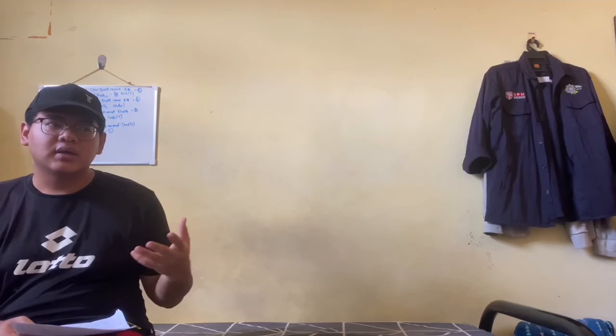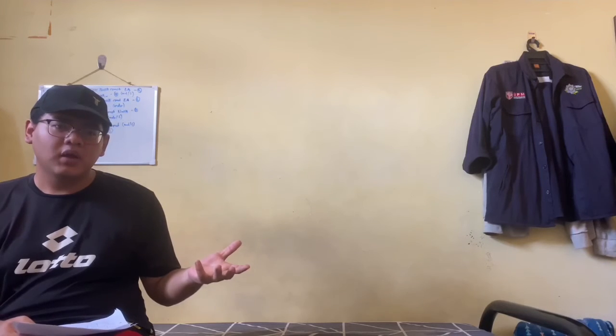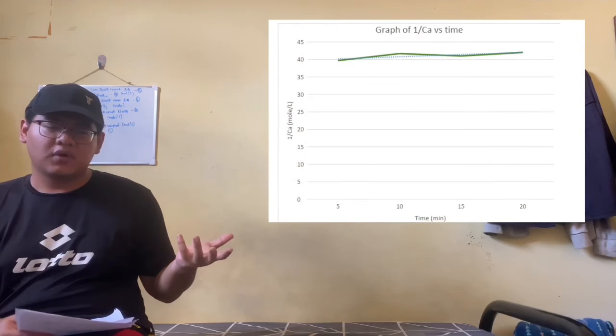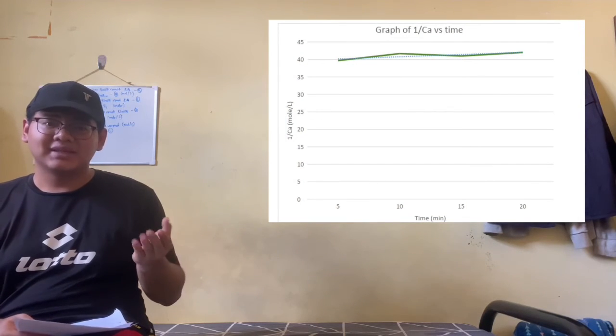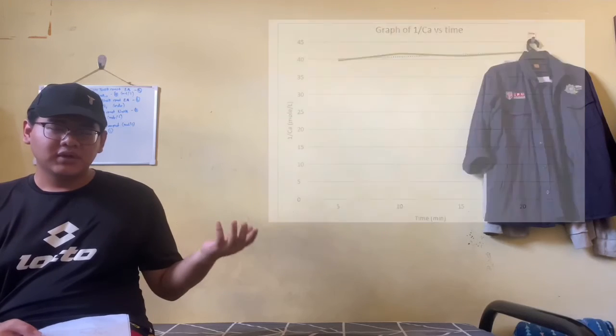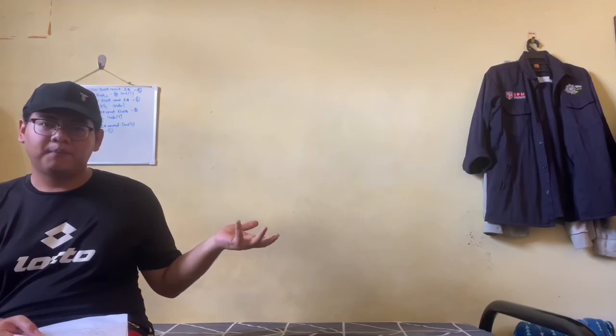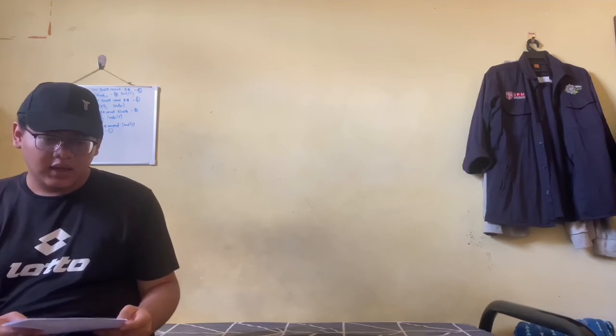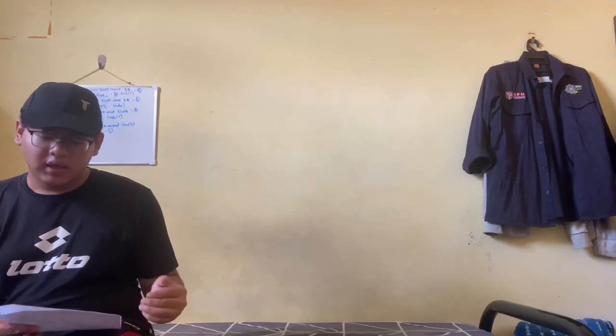Same as the speeds of 2 and 4 rpm, the second table is used for plotting the graph of 1/CA versus time, and from the graph plotted, we obtain the reaction rate constant for 6 rpm as 39.5075 liter per mole, where we can conclude that the higher the mixing speed, the higher the reaction rate constant obtained.